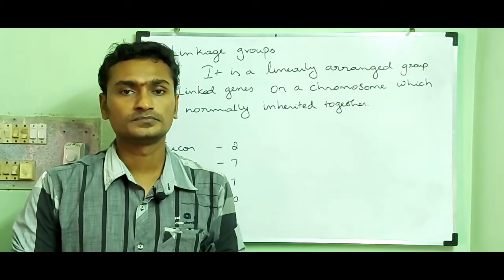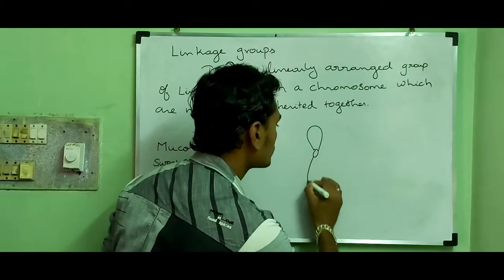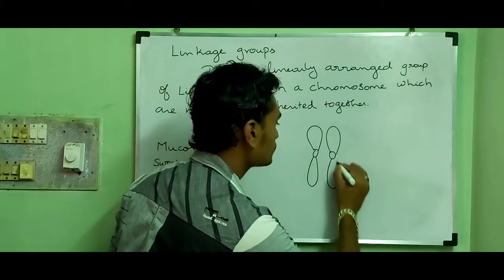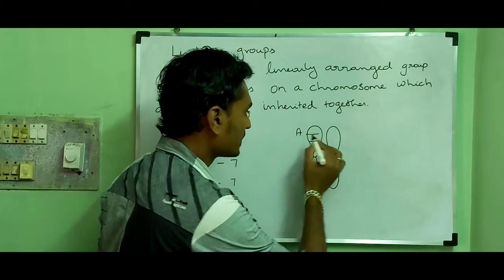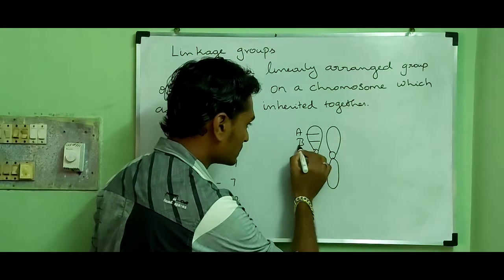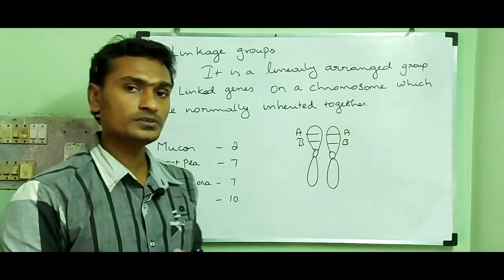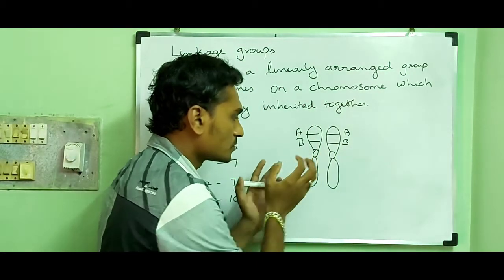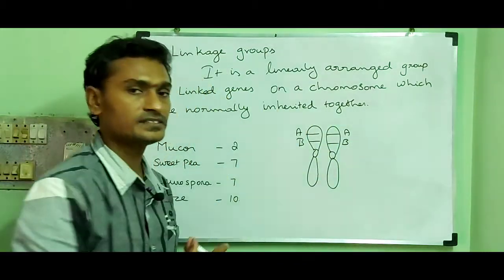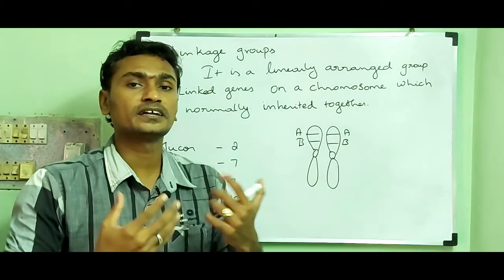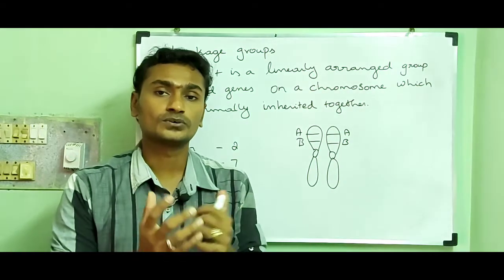Human beings are diploid in nature, so that means they contain 2 sets of chromosomes, which contain the alleles, and they are arranged very close together. During cell division, these 2 chromosomes separate, and each chromosome contains genes that can be inherited together as a unit.